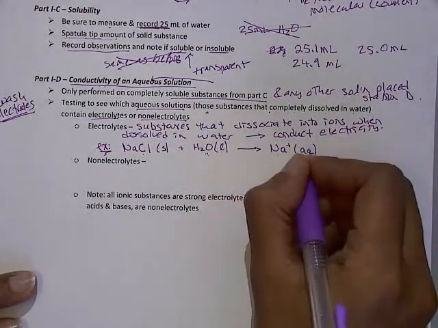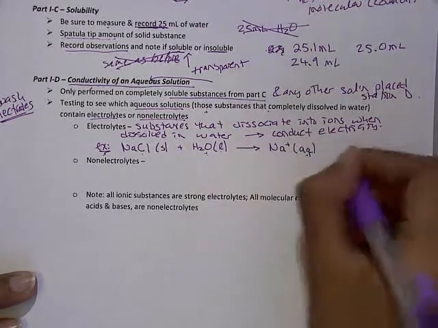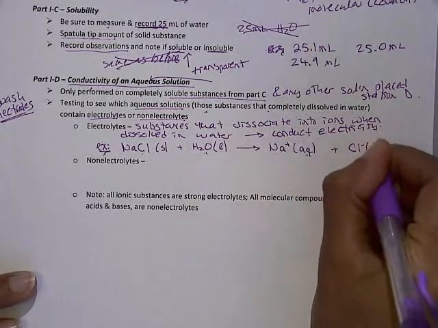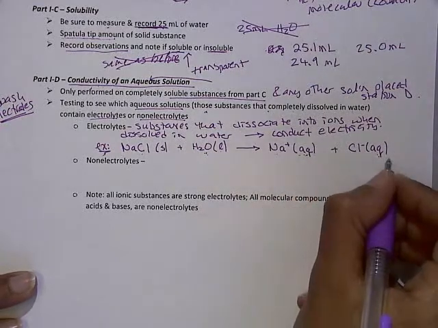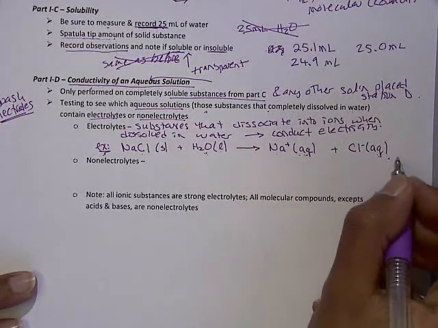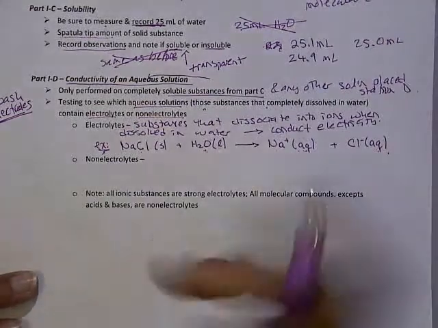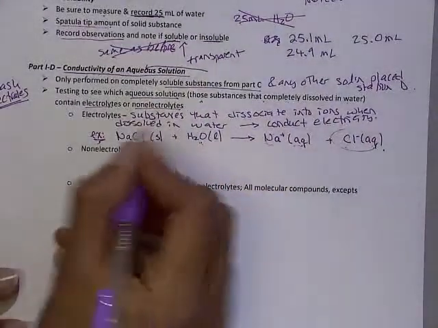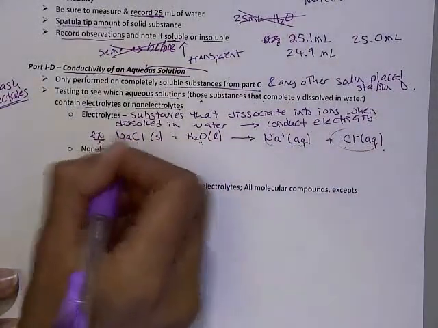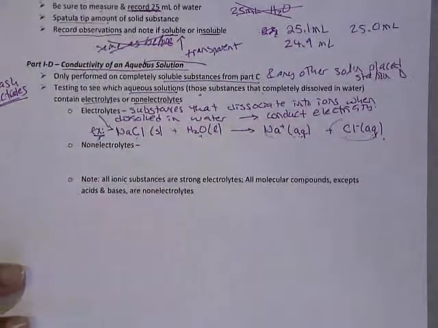So this dissociates into sodium ions plus chloride ions. When we write aqueous, that inherently tells us that we are in a solution of water, okay? So these ions conduct electricity. And since they conduct electricity, we call sodium chloride an electrolyte.